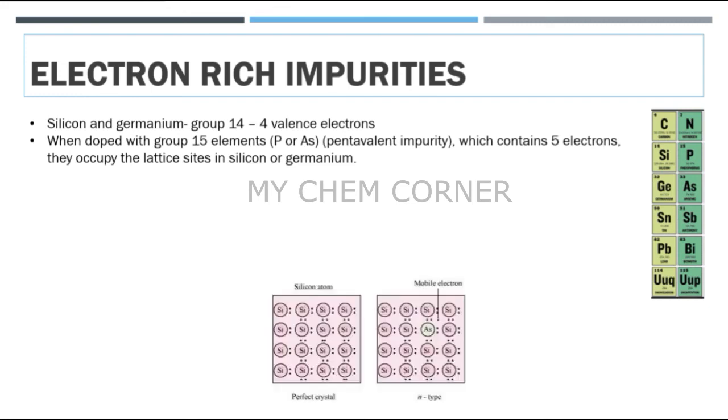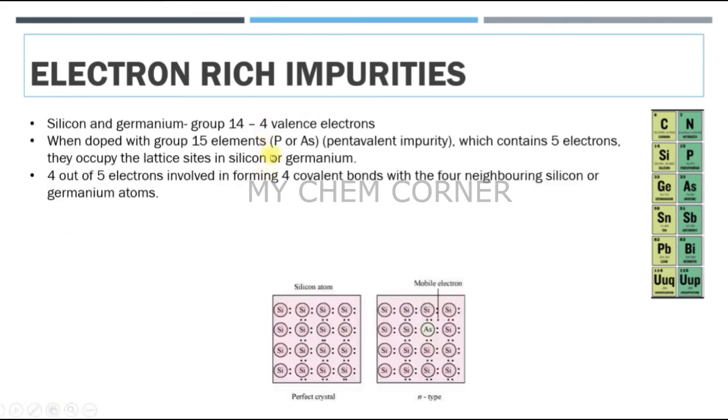So here, when you see these two, group 14 is having 4 valence electrons, whereas group 15 is having 5 valence electrons. So in this case, 4 out of 5 electrons in group 15 are going to be involved in bonding with group 14 elements. Out of 5 electrons that are there in group 15, only 4 are getting bonded to group 14.